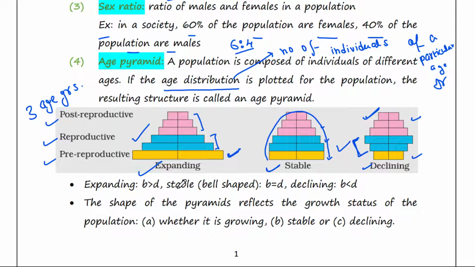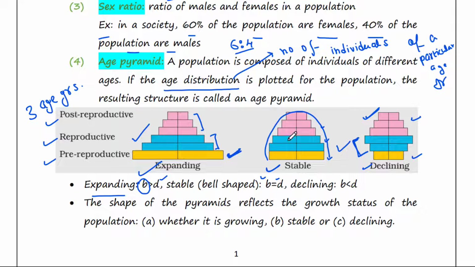Now, one thing you can understand from this is that for the expanding pyramid, we can see the birth rate is greater than the death rate. That's why the pre-reproductive age group is highest, right? In a stable pyramid, birth rate is equal to death rate.